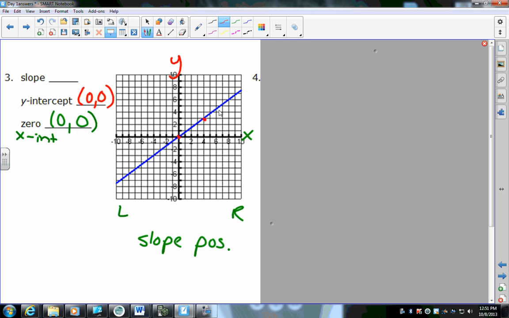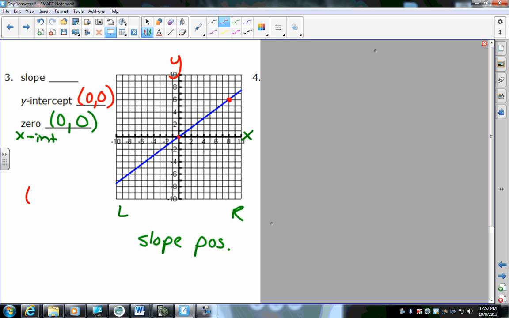Well, let's see. Does anybody find a nice point anywhere on here? Here's one right here. Maybe this will help me. You have to go through and find a nice point where they cross exactly on a line. So I think this is going up 6 and over 8.